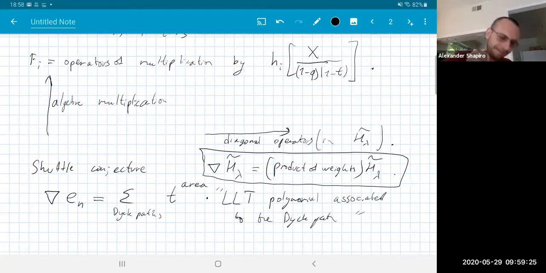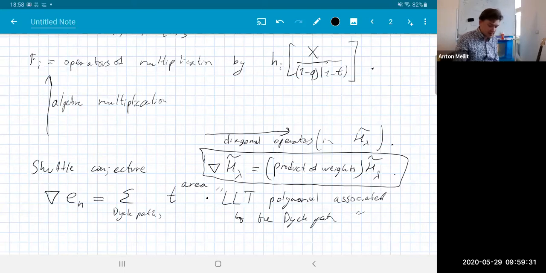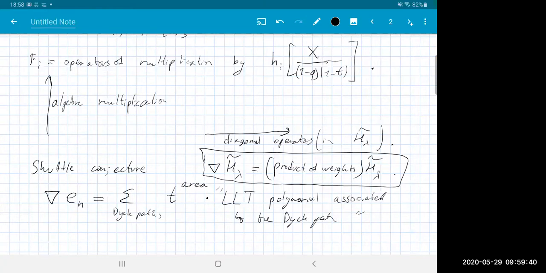Okay. So this is the definition, right? Yes. So this is one of the things you can plug into this machinery with the elliptic Hall algebra. Sorry, what is LLT? Right.